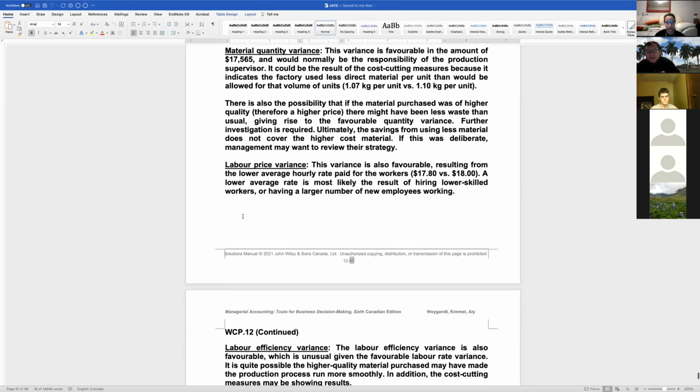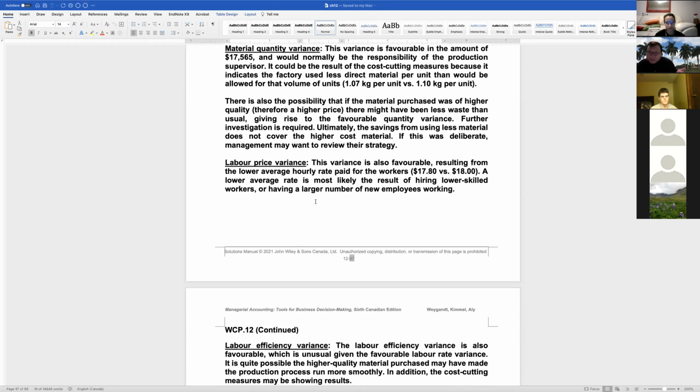So the labor price variance is positive because for each hour they save 20 cents, right? The standard rate for the labor cost is $18 per hour, but on average they actually paid out 17.80. So you saved 20 cents every hour.